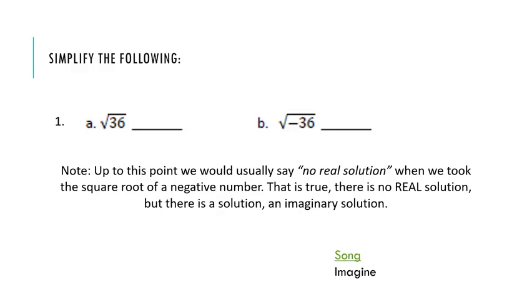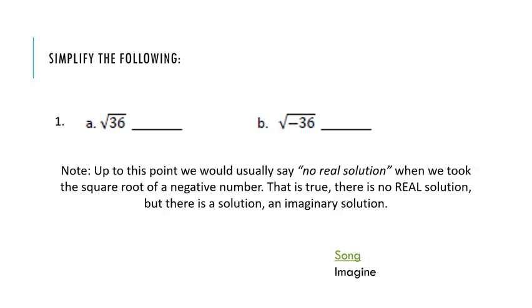However, when you punch in the square root of negative 36, chances are in your calculator, you're going to get an error. It won't do it, and it's because of this little negative. That negative makes it a non-real solution, which means the answers are not real, but they become imaginary.